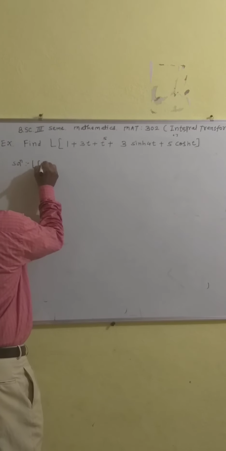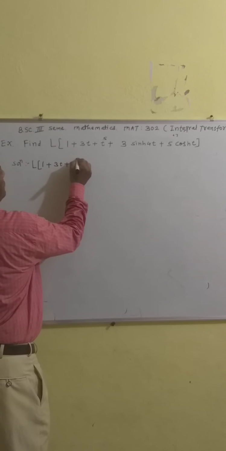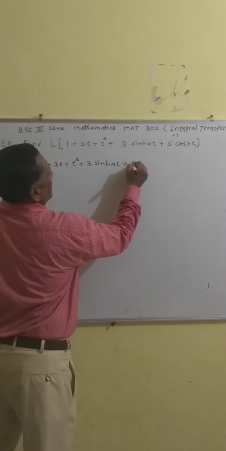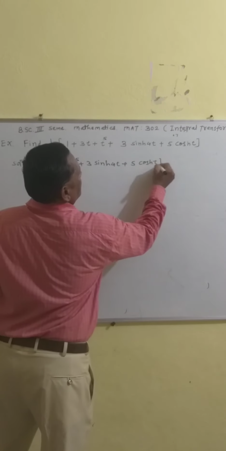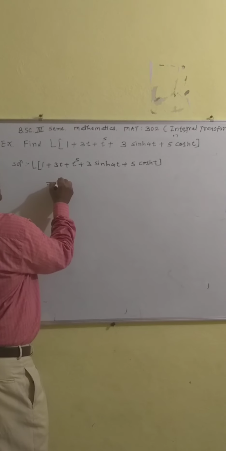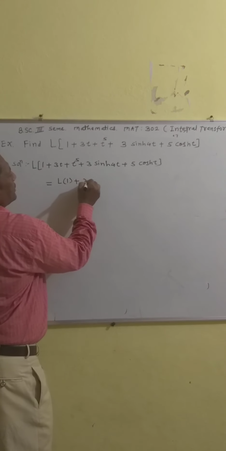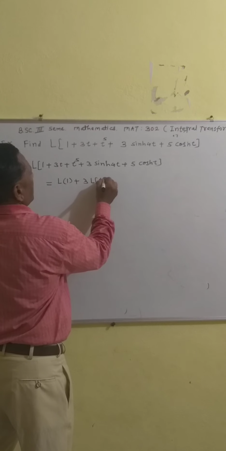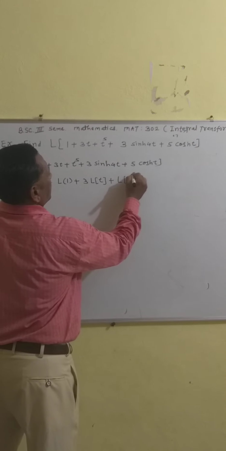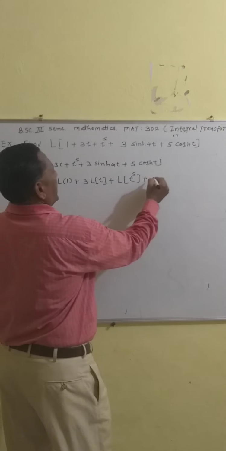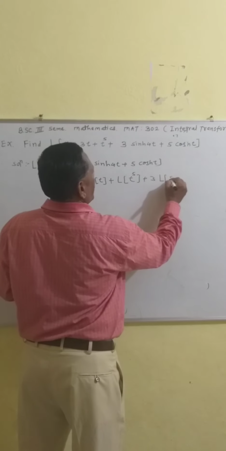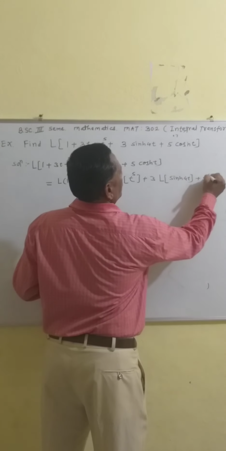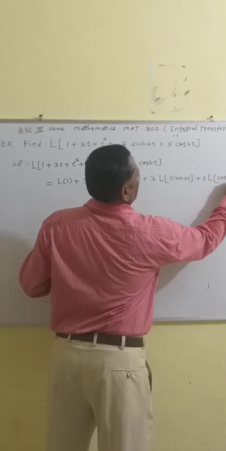Therefore, the Laplace transform of 1 plus 3t plus t raised to 5 plus 3 into sinh 4t plus 5 into cosh t can be written as the Laplace transform of 1 plus 3 into the Laplace transform of t plus the Laplace transform of t raised to 5 plus 3 into the Laplace transform of sinh 4t, then plus 5 into the Laplace transform of cosh t.